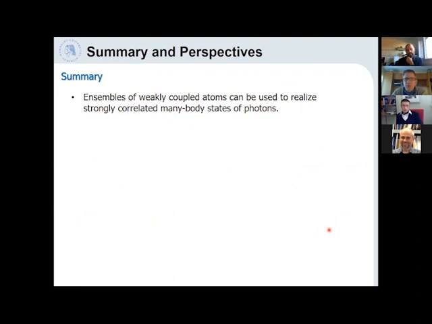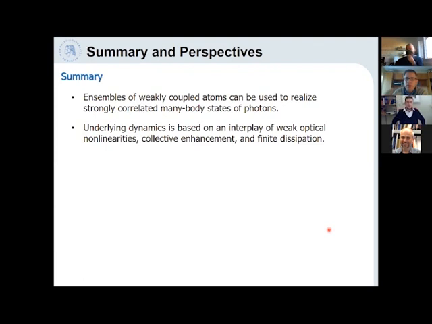Okay, so let me summarize. This means that an ensemble of weakly coupled atoms can still be used to realize strongly correlated many-body states of photons, so an effective photon-photon interaction, where the underlying dynamics is actually based on an interplay of a weak optical nonlinearity of every atom, which is collectively enhanced because all atoms scatter in the forward direction.